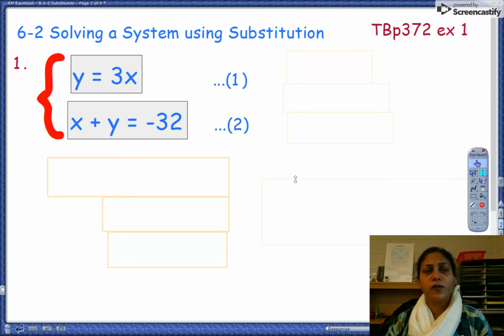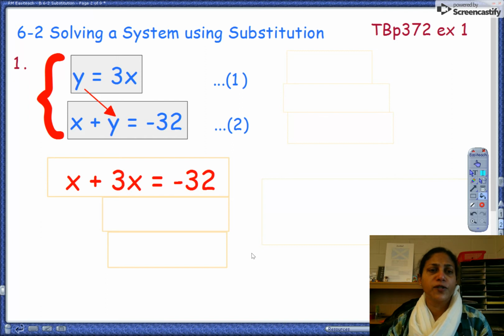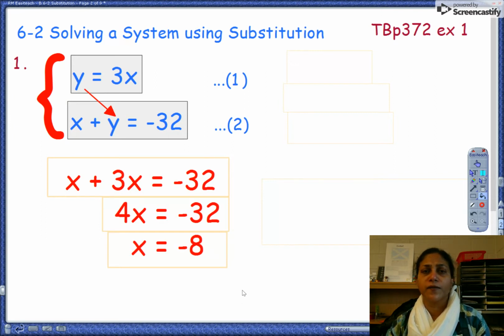It says that y is equal to 3x, so we can take this 3x and substitute for the y in the second equation. So x plus 3x is equal to negative 32, and then you solve: x is equal to negative 8.